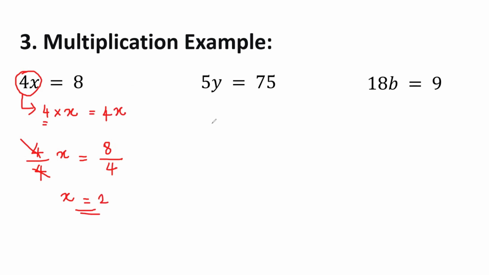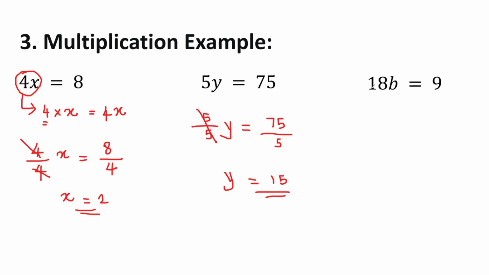Right, do the same thing. 5y is equal to 75. 5 and y are multiplying, so what you have to do is divide by 5. Do the same thing here. These two will be cancelled, so y is isolated, and here it's 15. That's the answer.